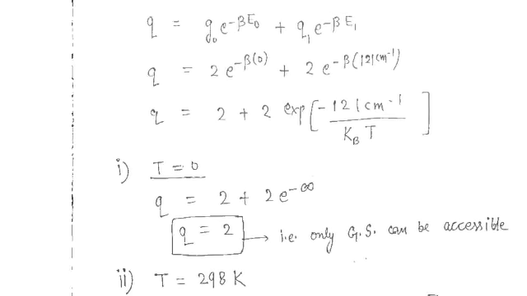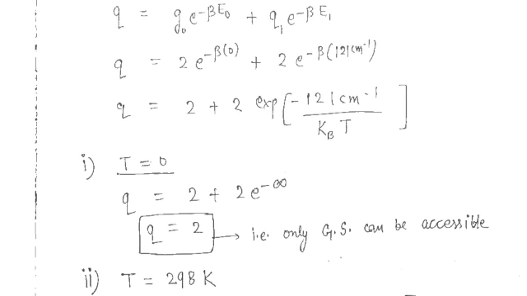Now what would be the formula for the partition function? The very generalized formula we know is Q equals, for a 2-level system, this formula.